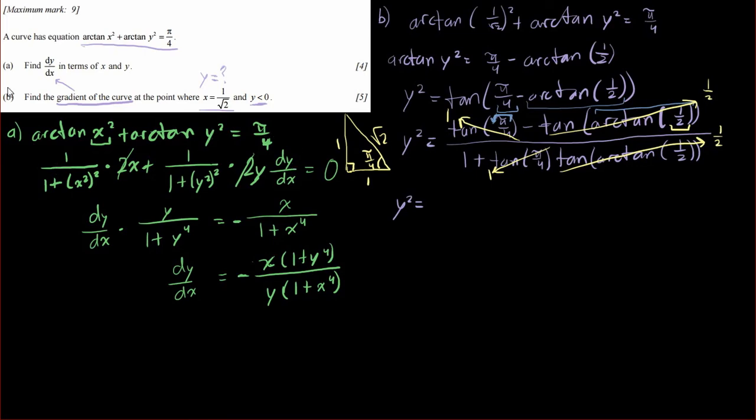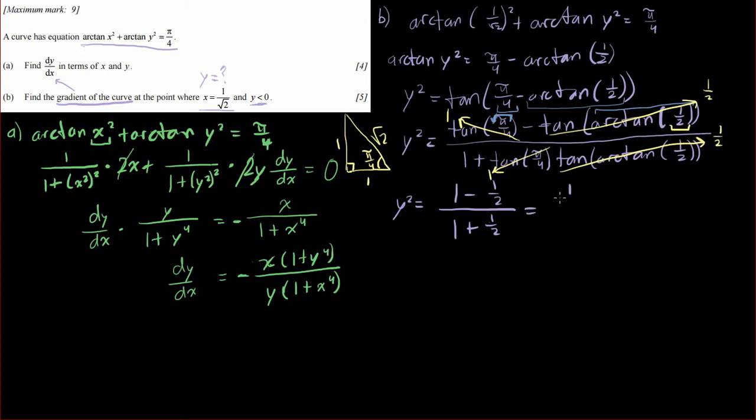And so we'll get that 1 minus 1 over 2 over 1 plus 1 over 2 is equal to y squared. We can further simplify this. Actually, I'm just going to do it over here.